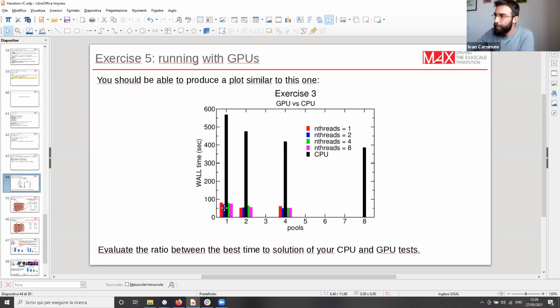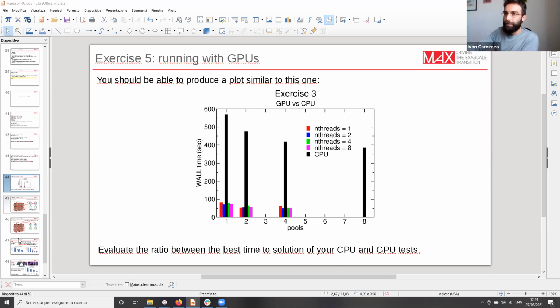Well, maybe here with 4 pools, we see that the red bar with 1 thread is higher than the others, so using 2, 4, 8. So maybe here we can see something, but honestly, in this case, the speed up from threads is very small, and is something that you can see using very large systems.